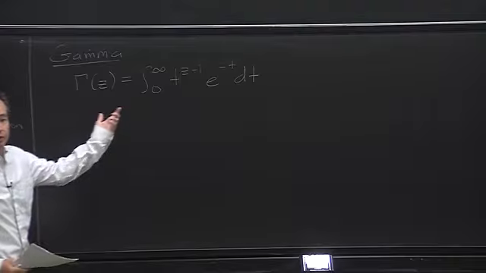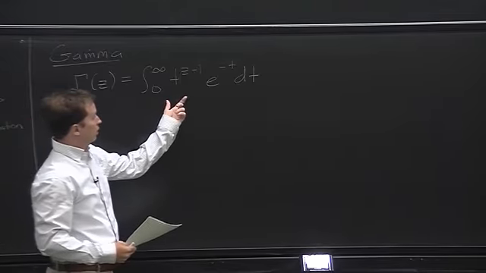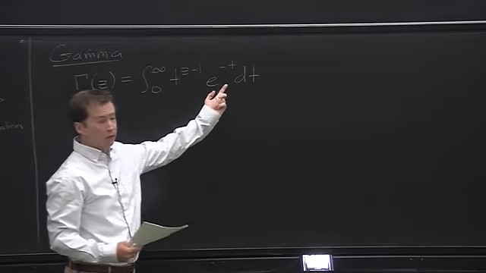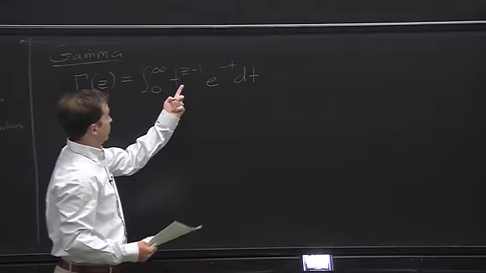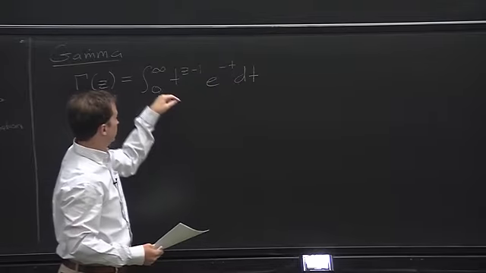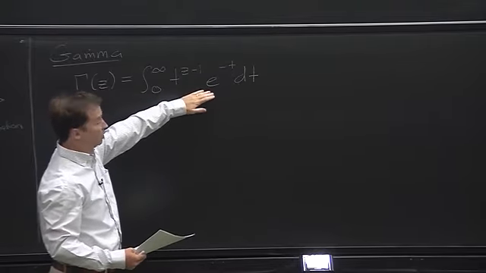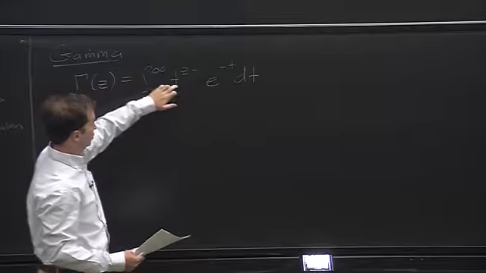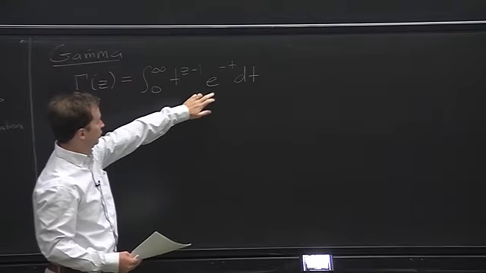And well, this integral converges for large t, regardless of the value of z. E to the minus t goes to 0 sufficiently quickly that we don't need to worry about the convergence of this integral at the upper limit of integration.